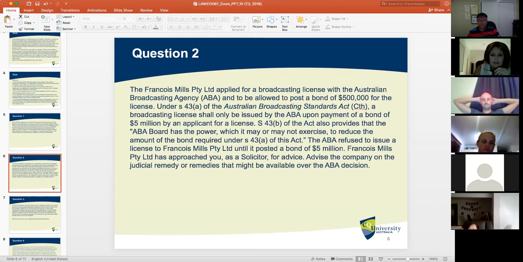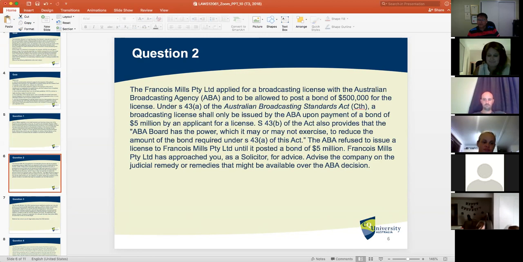Section 43B of the Act also provides that the ABA Board has the power, which it may or may not exercise, to reduce the amount of the bond required under Section 43A of this Act. The ABA refused to issue a license to Francois Mills until it posted a bond of $5 million. Francois Mills has approached you as a solicitor for advice. Advise the company on the judicial remedy or remedies that might be available over the ABA decision.